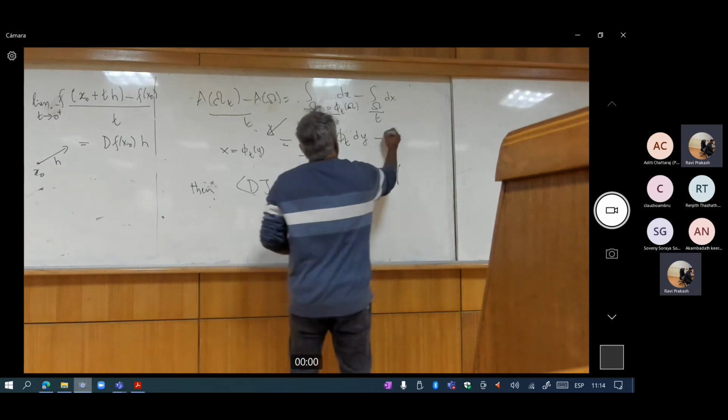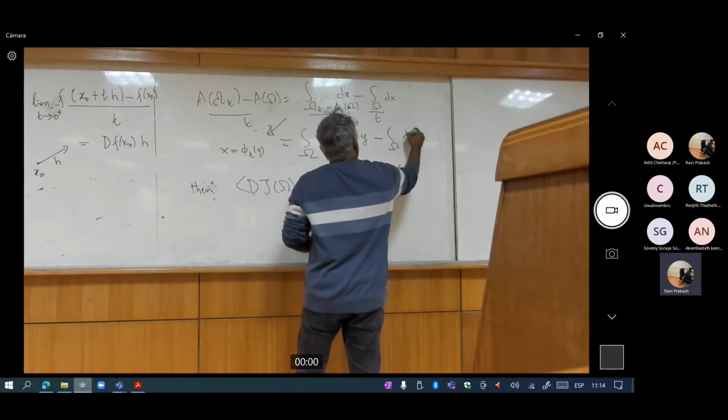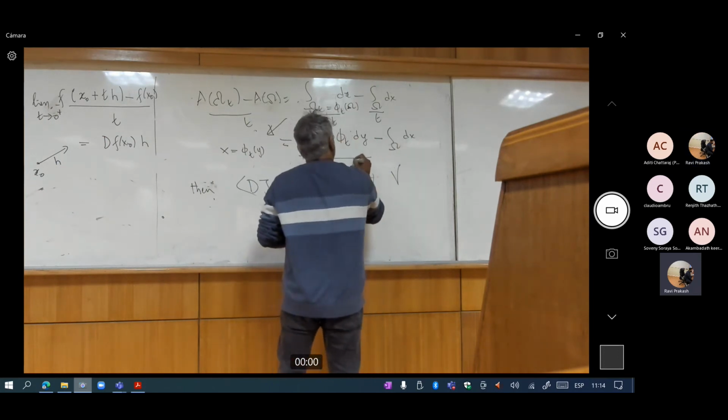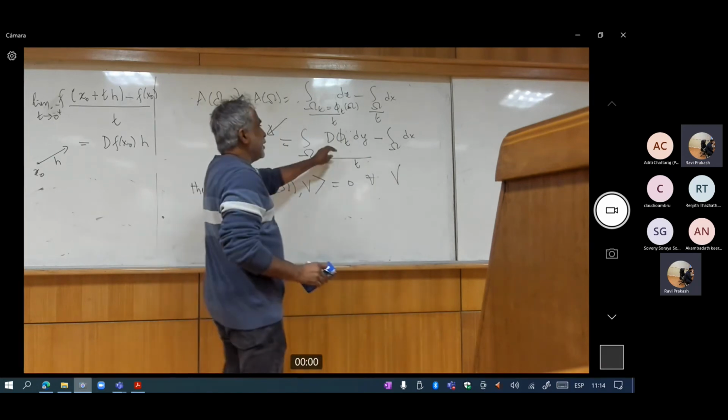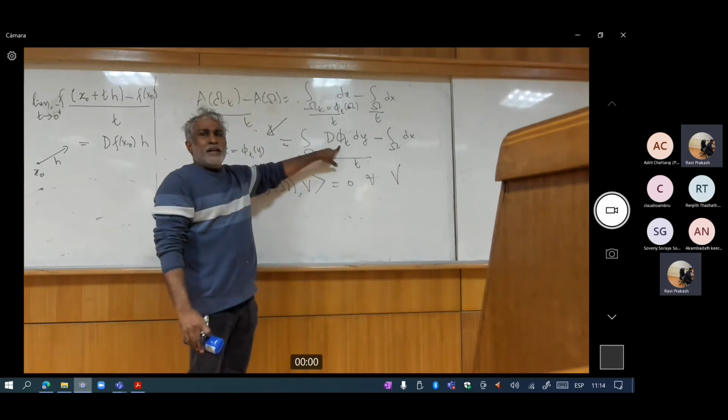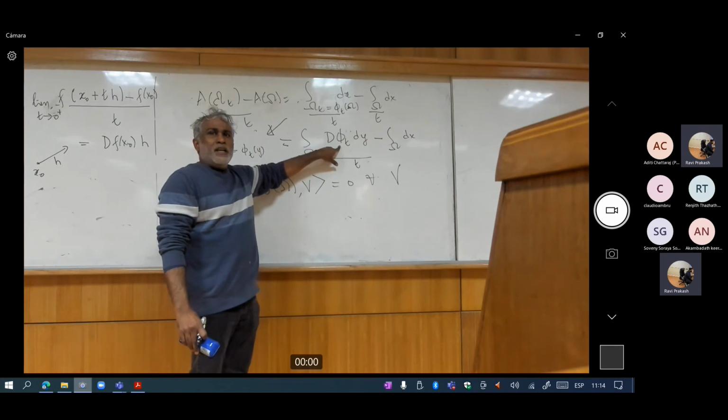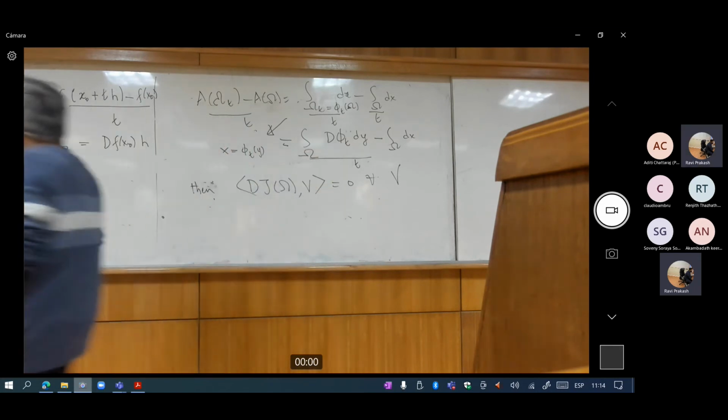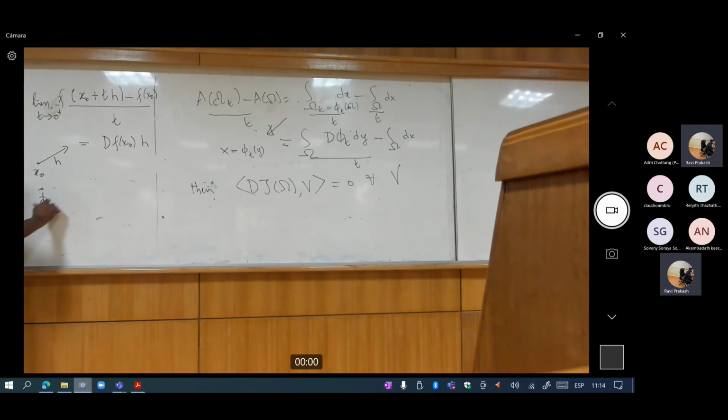And therefore, this calculation reduces to the derivative of phi t, which is easy to calculate because phi t is the identity function plus t times the vector field theta.